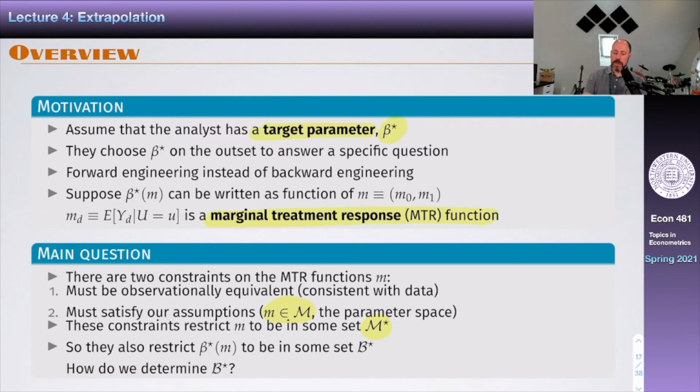So what are the possible values of beta star? Well, they're going to be all the beta stars such that M belongs to this M star. So you can write it here. I don't know if it's in the next slide, but let's write it here. So B star here will be all the beta star of M, for an M that belongs to the script M star, broadly.